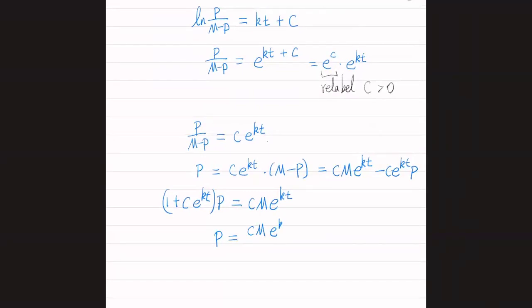CM over something. To simplify this a little bit, I'm going to divide both numerator and denominator by this factor.